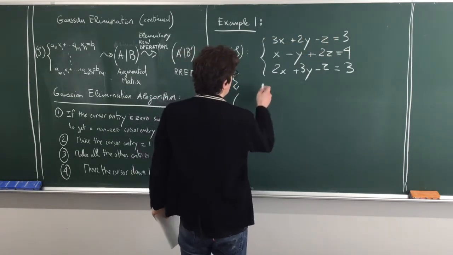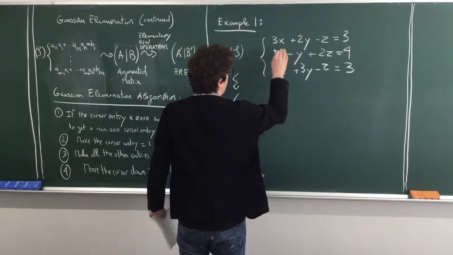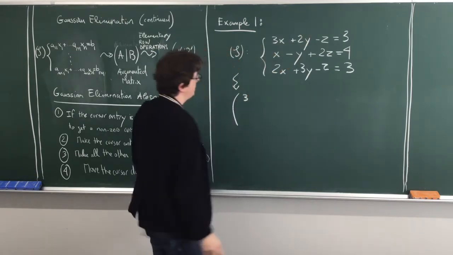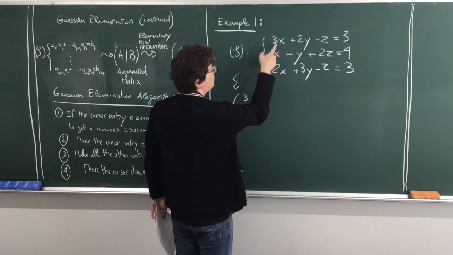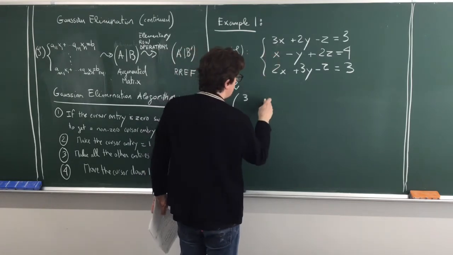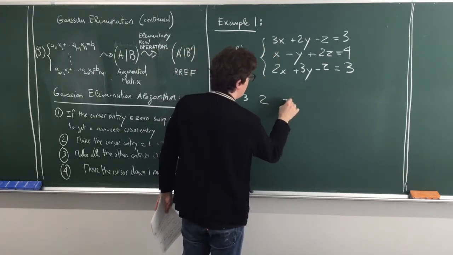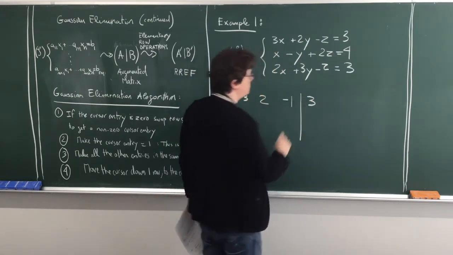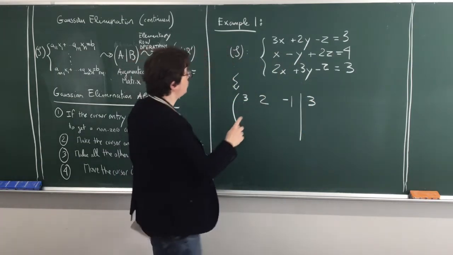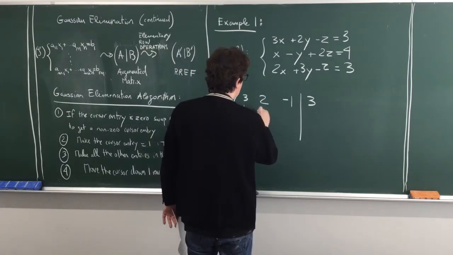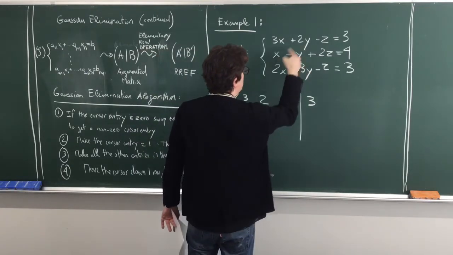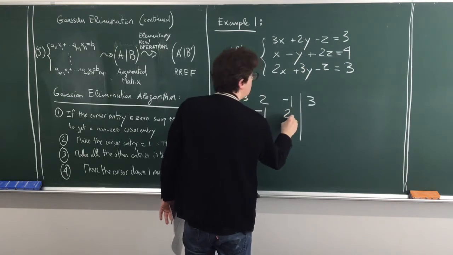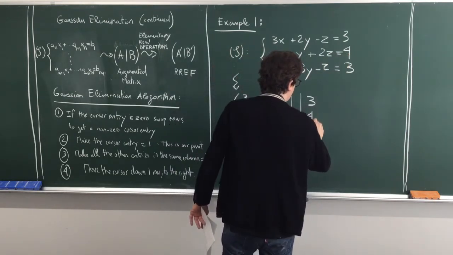Now, the coefficients, well, you put the a_ij. So the first is 3. This comes from this 3x. And then, as you can see, we have 2, minus 1, then my vertical bar, and here 3. The second row: 1, minus 1 coming from here, this 2, and then 4 coming from here.